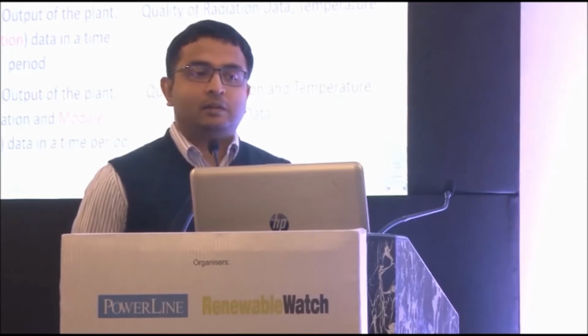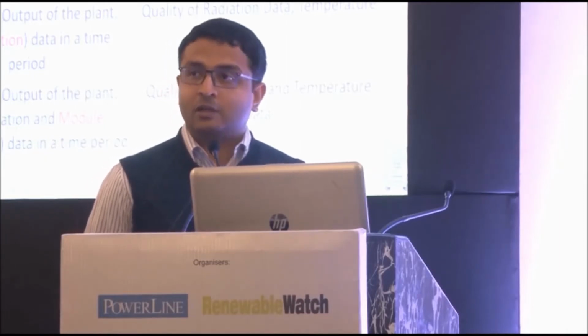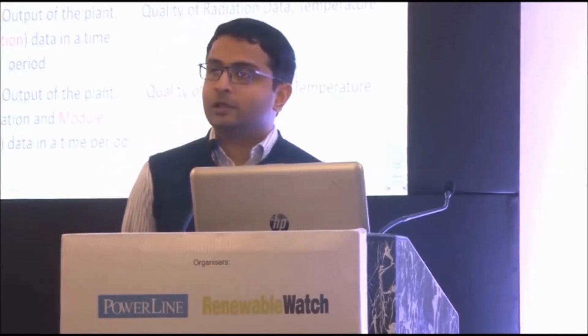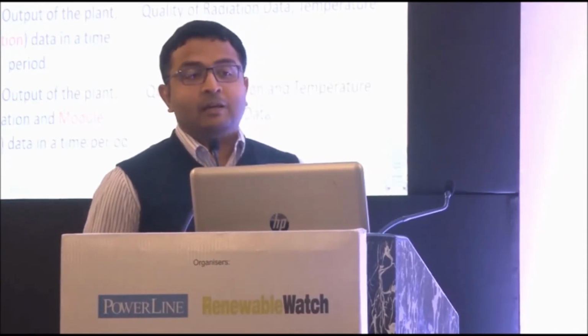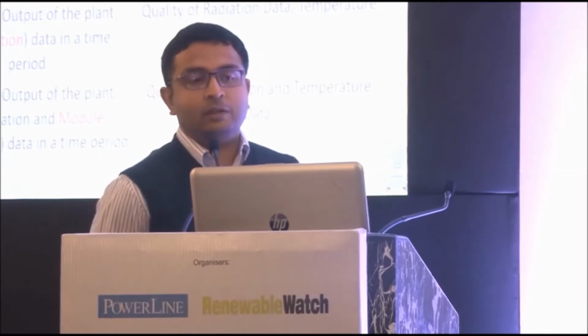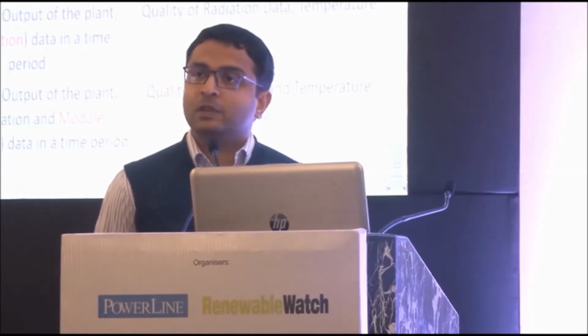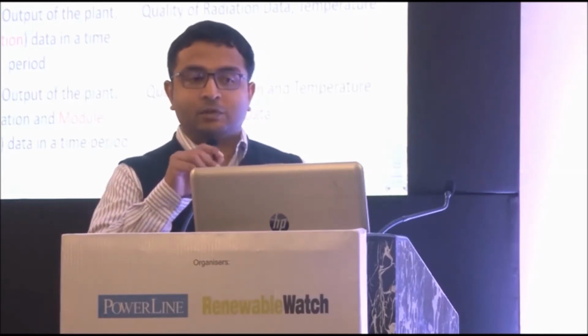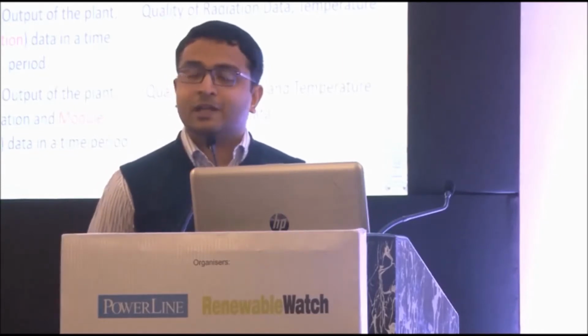And both of these performance ratios are affected by the quality of your radiation and temperature data. I must insist that this is quite important because it's often overlooked, and I'll share some examples of what happens to the PR and temperature corrected PR when the quality is not adequate.